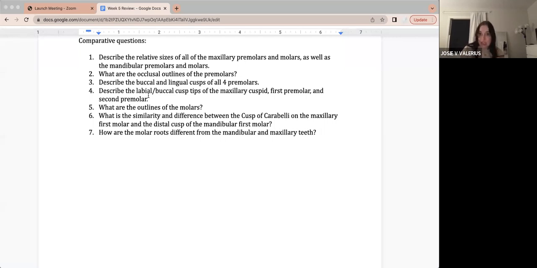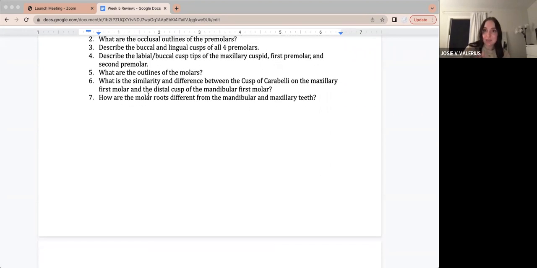For the mandibular teeth, the first premolar is smaller than the second premolar, and the first molar is bigger than the second molar. Okay, I hope I said that slow enough for you to get that. Again, you can go through your book again, but make sure you know the differences between the molar sizes when you're comparing the maxillary teeth to themselves and the mandibular teeth.